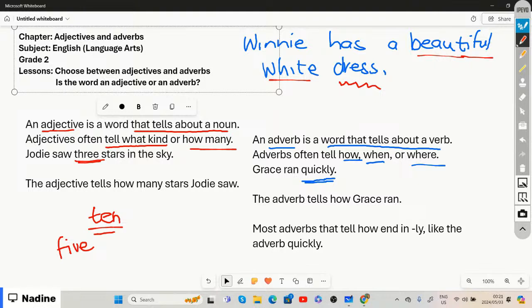But if you have a sentence where there's a number in it, or they're specifically talking about anything to do with numbers, then we ask ourselves, how many? So when it comes to adjectives, you tell us more about the noun, not the verb. You describe the noun.